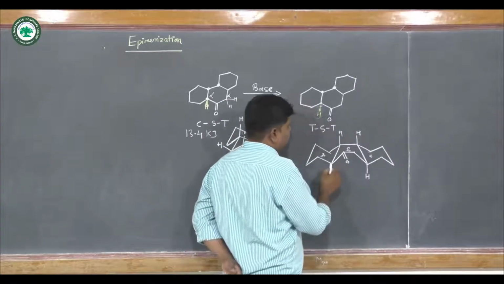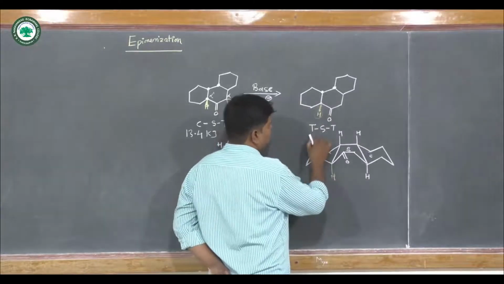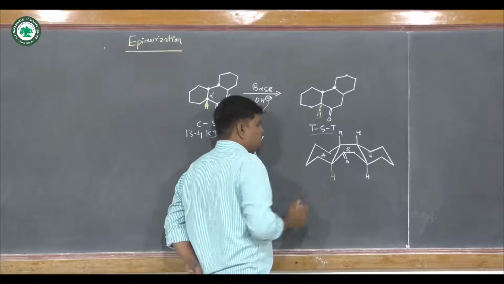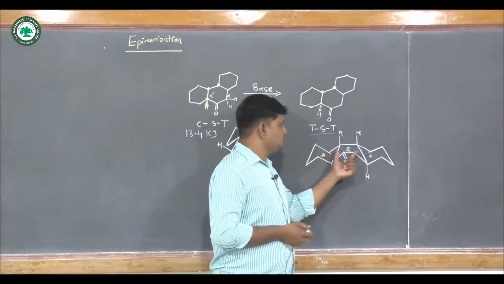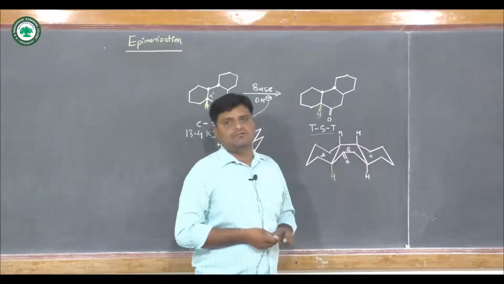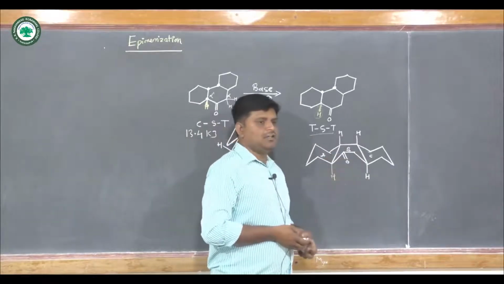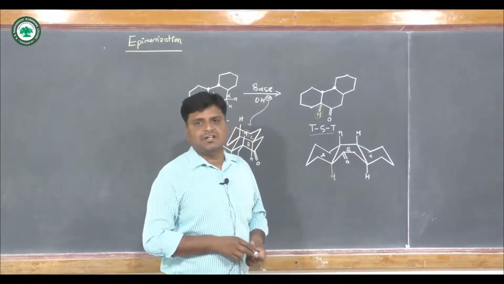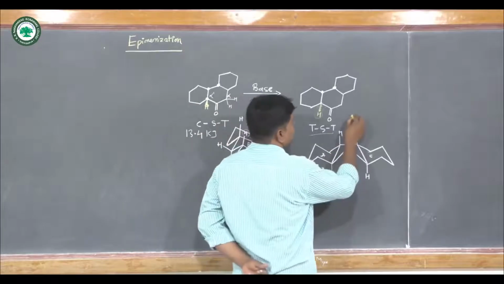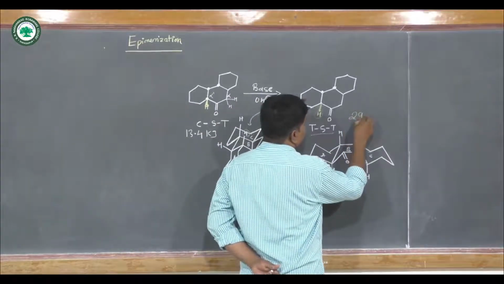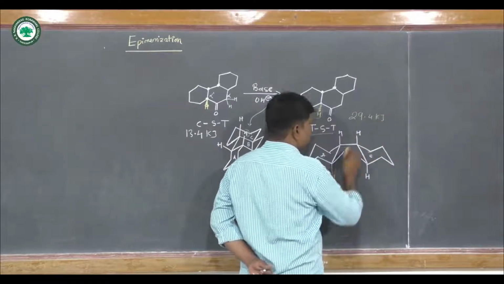Only one hydrogen atom can change its stereochemistry, so we get a different structure, and in that chair conformation we have a boat conformation. Due to the presence of this boat conformation, this structure is highly energetic, and its energy is 29.4 kilojoules, okay.